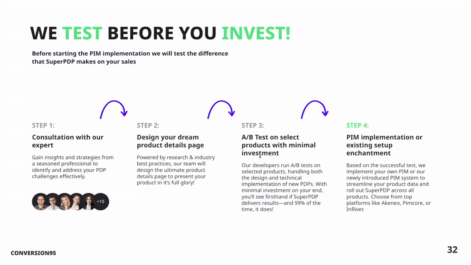So our developers run A/B tests on selected products, usually the products that have the highest traffic, and we can gather sufficient amount of data, handling both the design and the technical implementation of the new product pages.